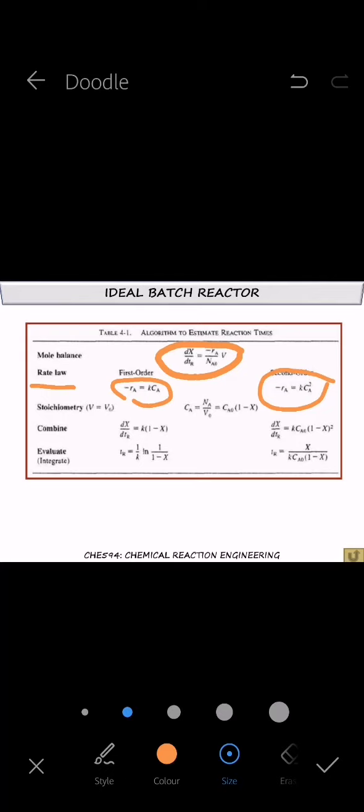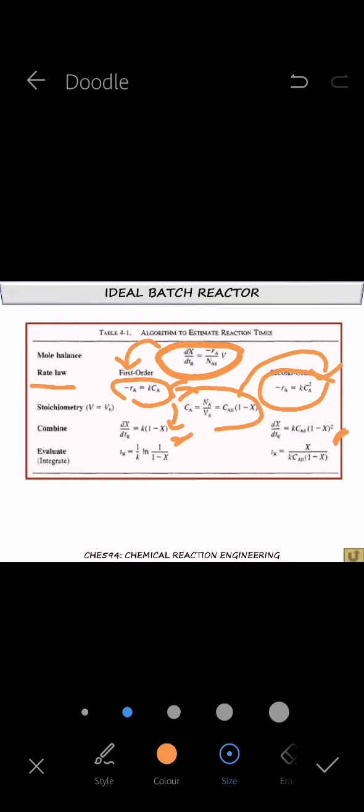You combine the mole balance into this rate law, and you will eventually get this form. How do you get it? It is because of the stoichiometry here. You substitute CA into this, and likewise if CA is to the power of 2, you substitute it into this. If you do it yourself, you will get this form.